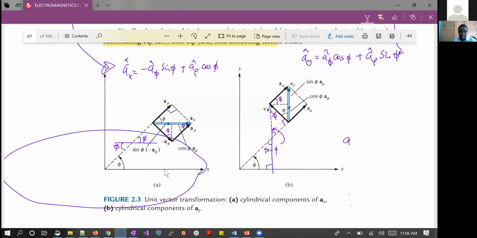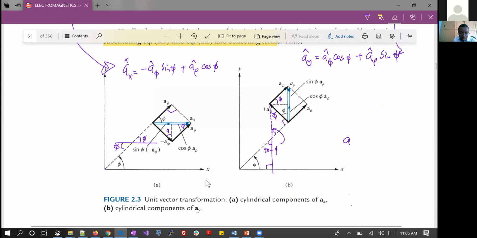And therefore we are saying that the radius rho, which is now going to be described by the unit vector a_rho, can be expressed as follows. Consider that this is my angle phi.